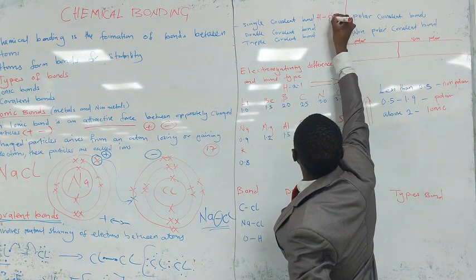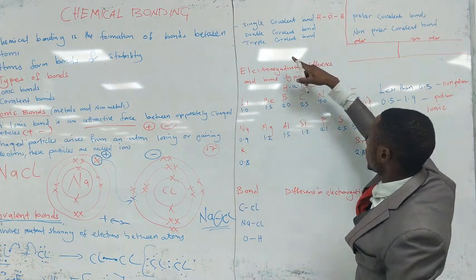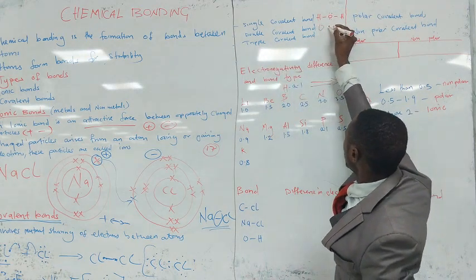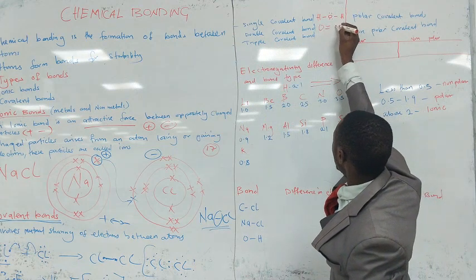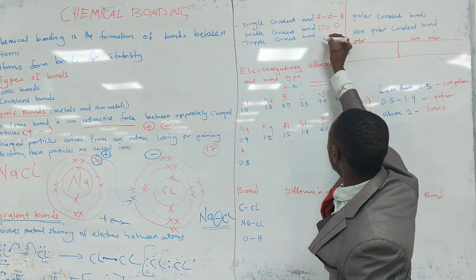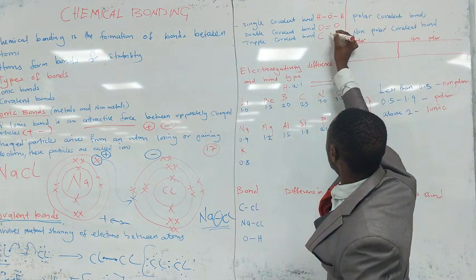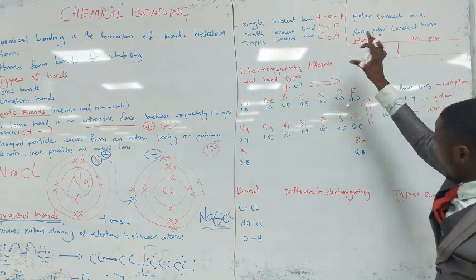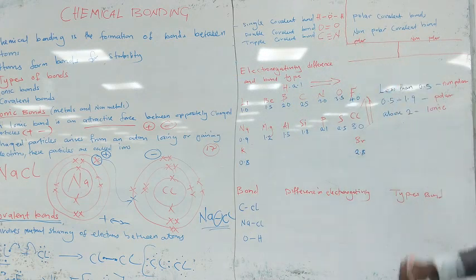We know that is a single bond. Then double covalent bond, you can give an example of a bond between oxygen and oxygen. Then triple covalent bond, you can give an example of a bond between carbon and nitrogen. So based on the number of bonds, that's how they are classified.